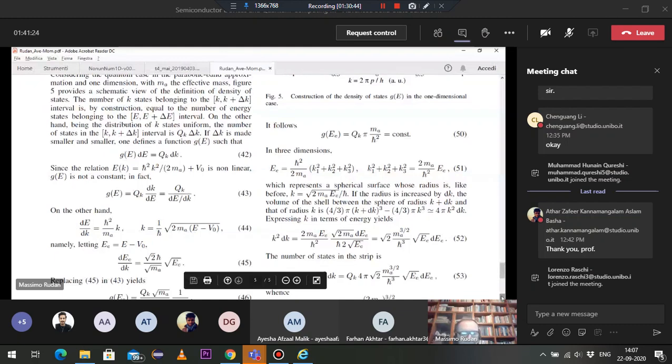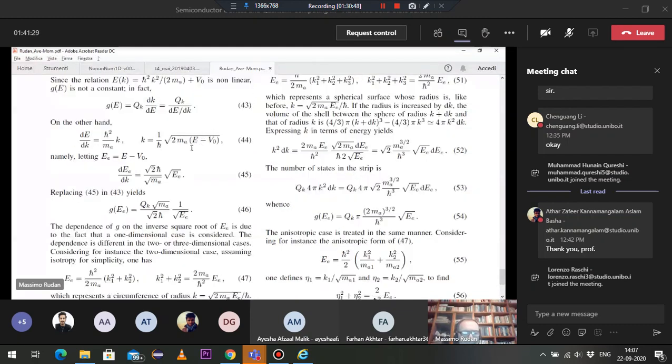Now we introduce a new symbol, which is easily understood. The total energy minus the potential energy is the kinetic energy. So instead of calling the kinetic energy with the symbol T, as we did earlier, we call it E sub E. This is the kinetic energy of the electron.